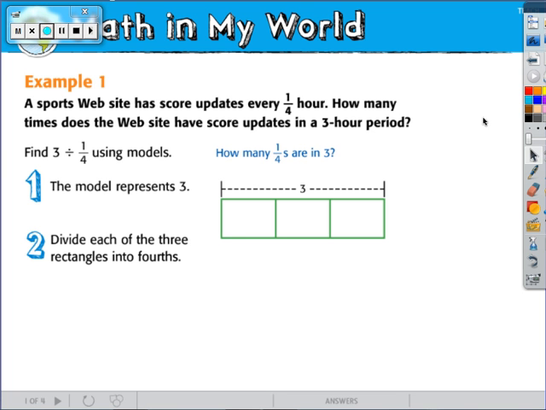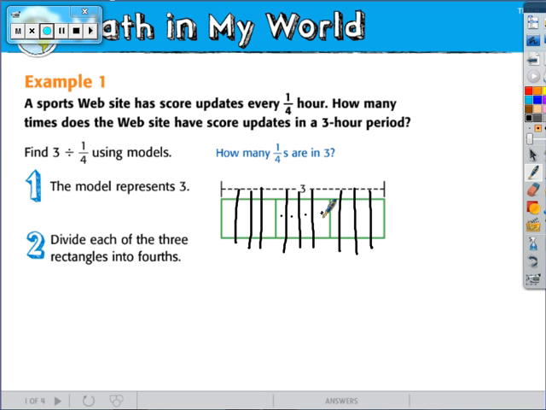Okay? So I'm going to take each one of my wholes and divide it into fourths. I know my lines aren't super great as far as how we're dividing them.